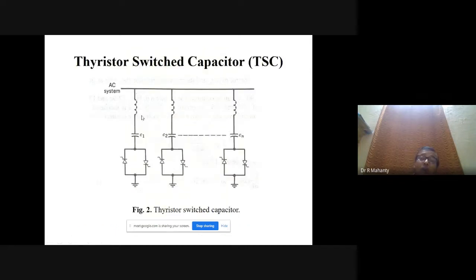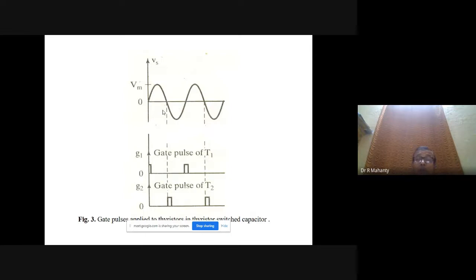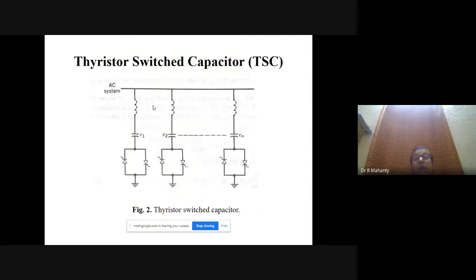Additionally, we have small values of inductors connected in series. This is because if you have not detected the zero crossings of the voltages exactly, in that case, that small amount of current will be limited by this additional inductor.